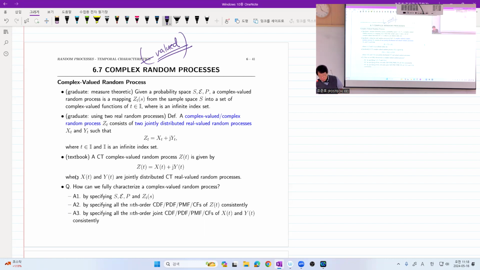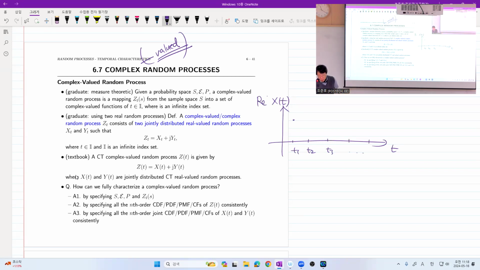Anyway, so based on the sample path, the story is very simple. Your sample path can take a complex value at each time instant. So I cannot just simply draw the sample path because it's complex valued.